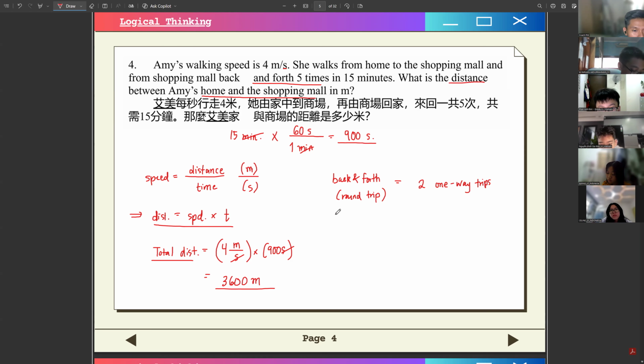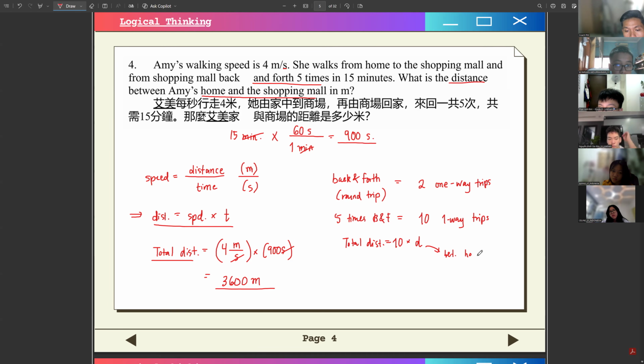So if she goes 5 times back and forth, that's equal to 10 one-way trips, right? So our total distance is equal to 10 times the one-way distance between the home and the mall.